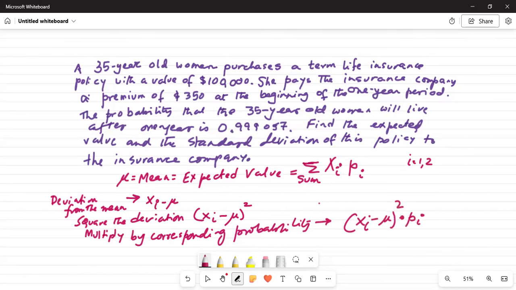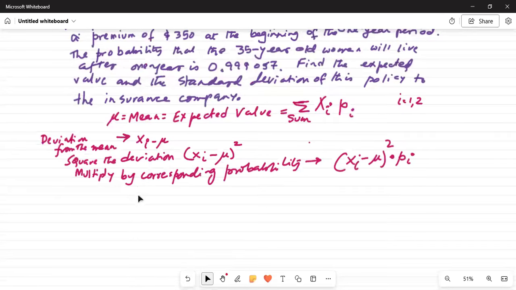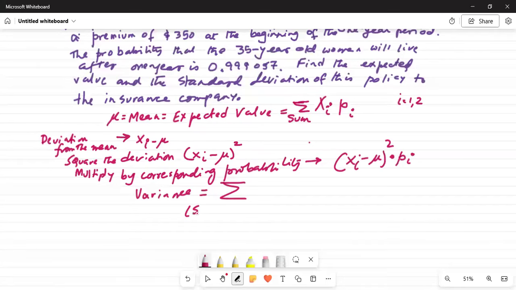Then let me create some space to find the variance. You add these terms. So the sum, this is also called sigma.